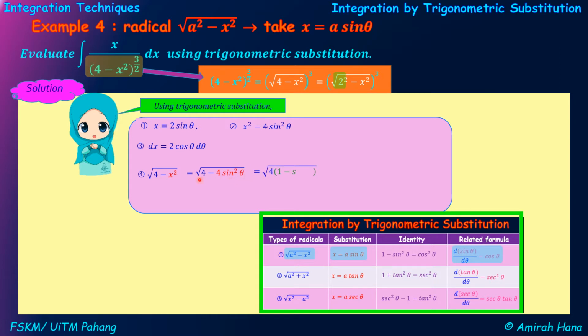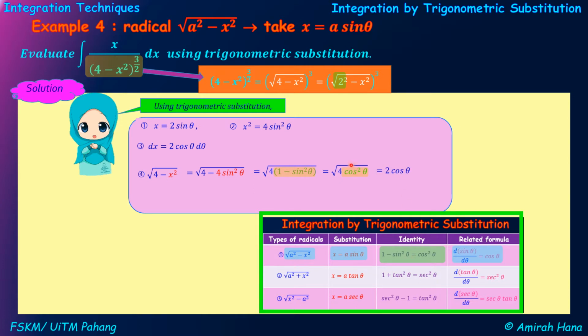We have the same constant 4, so we can factorize constant 4, and in the bracket we get 1 minus sine squared theta. When we expand, we get back 4 minus 4 sine squared theta. It equals the square root of 4, and we can write 1 minus sine squared theta equals cos squared theta from this identity.